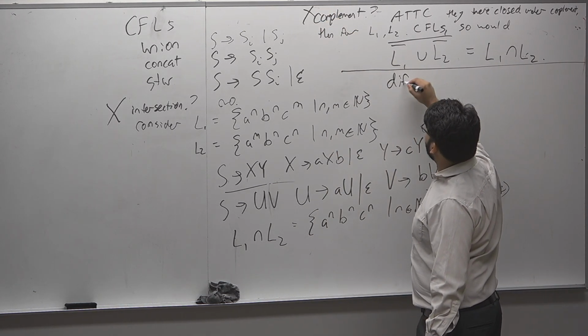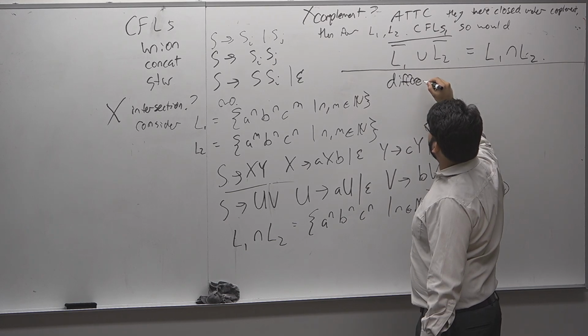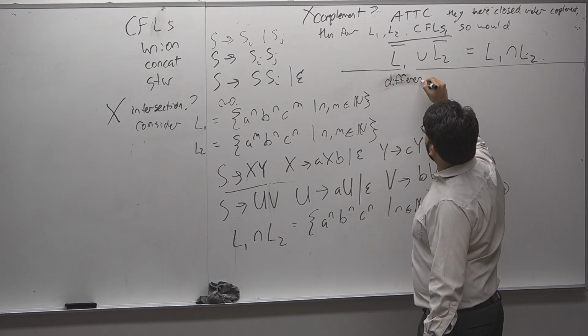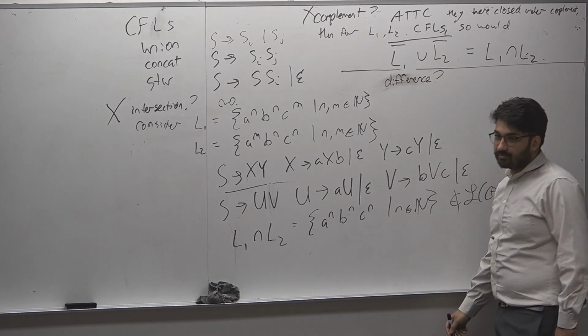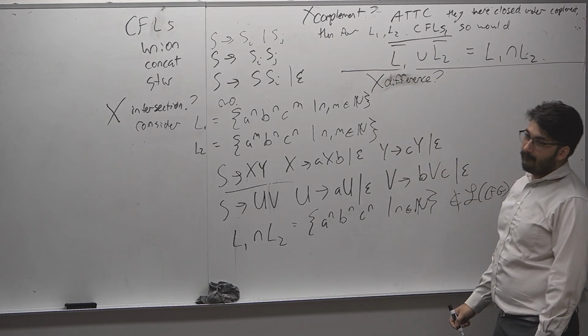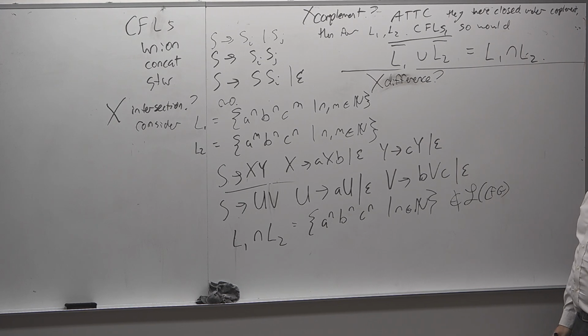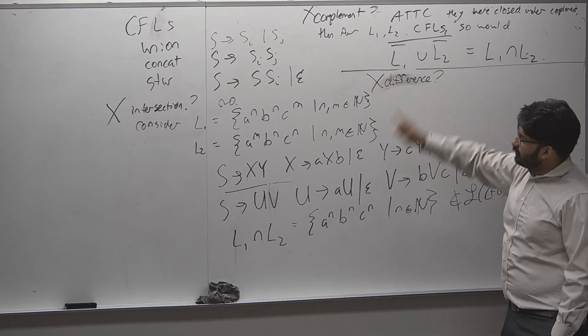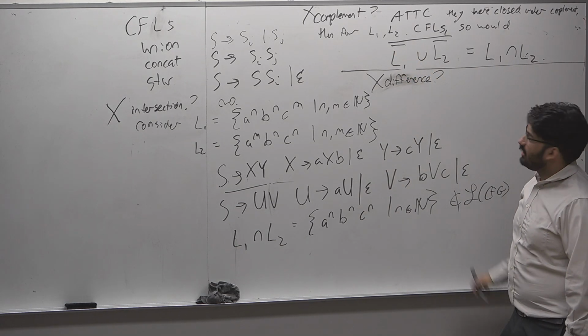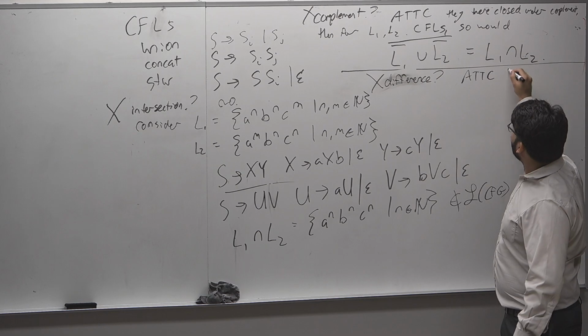Difference. Are they closed under difference? No. Why not? Because they're not closed under complement. Yes, but how would we prove it? That's exactly the idea. Complement relies on intersection, difference relies on complement. But why? Assume to the contrary they are closed under difference.